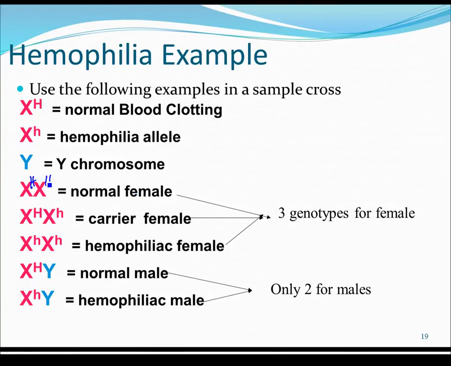So X capital H, X capital H, we know that that's going to be a normal female. X capital H and X lowercase h, we know that that's a carrier female. She can pass along to her children, but she doesn't have it. And then the X lowercase h, X lowercase h, that's a hemophiliac female. She's full blown. All right, and then for the men, there's only two possibilities, X capital H and a Y, and an X lowercase h and a Y.